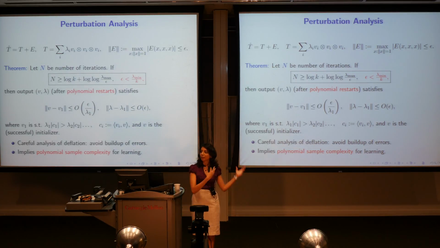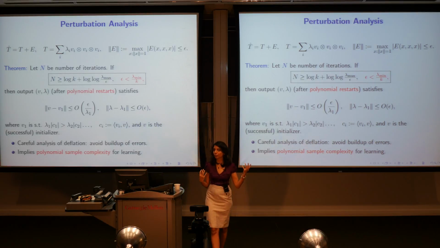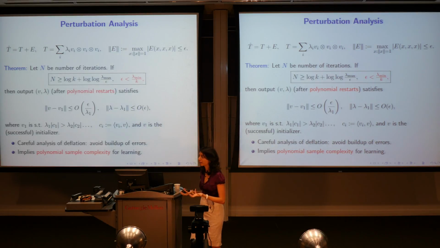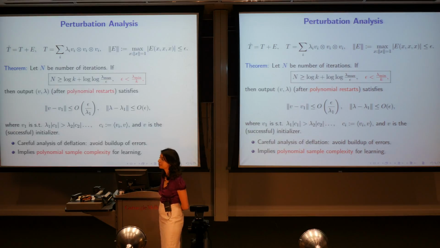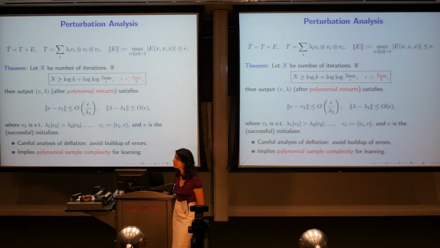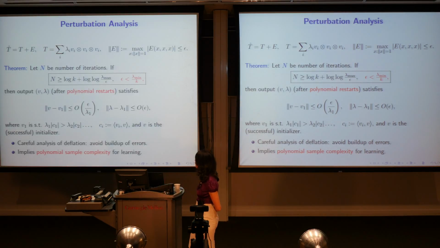So this is the perturbation analysis; you can think of it as a version of Weyl's and Wedin's theorem for tensors. For the power method, in the worst case you would need more than k restarts to recover all the eigenvectors. It's k to the, I think, 1 point something. Let's say k squared.